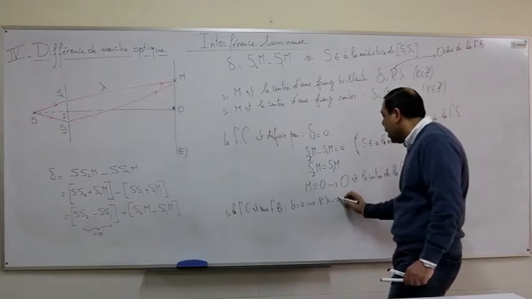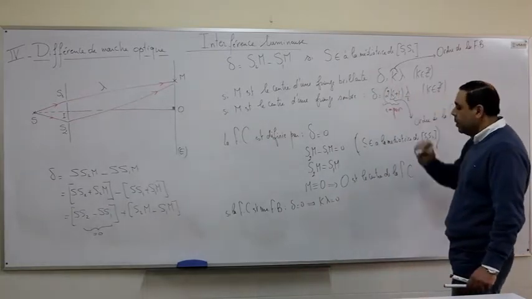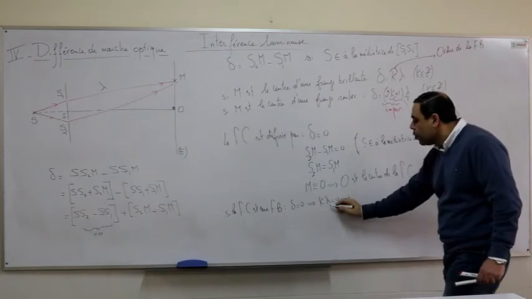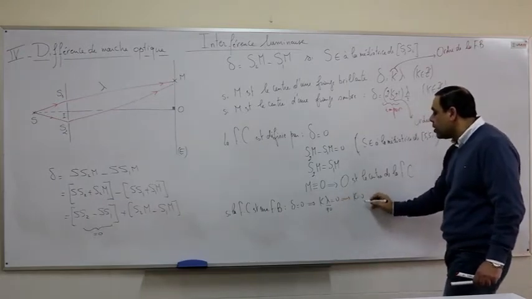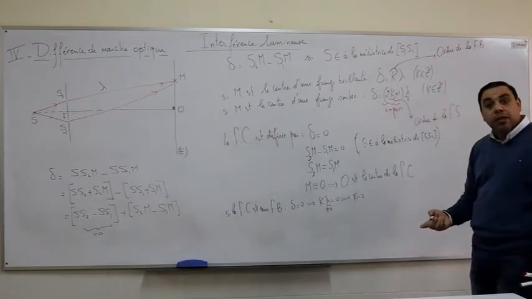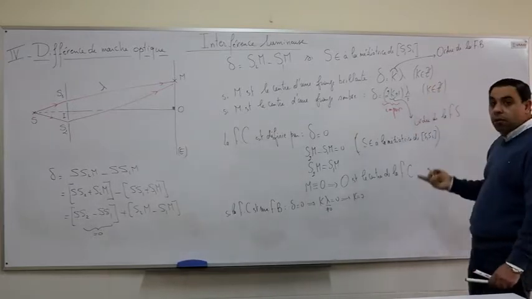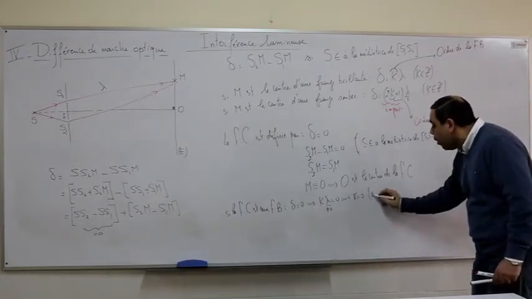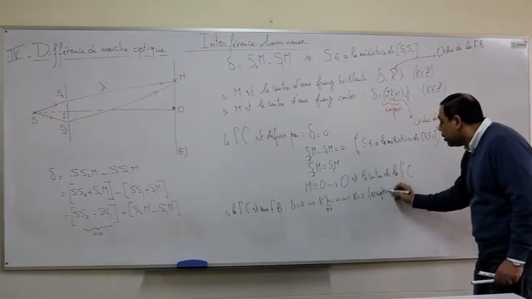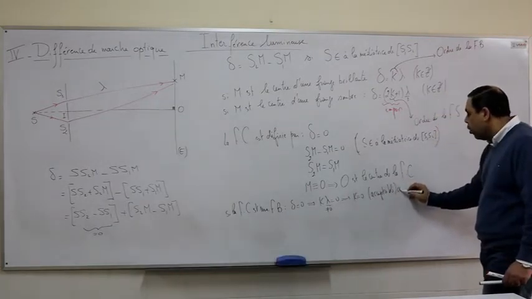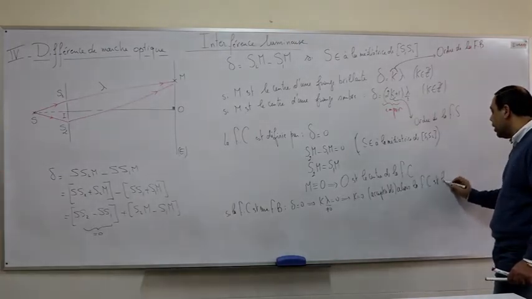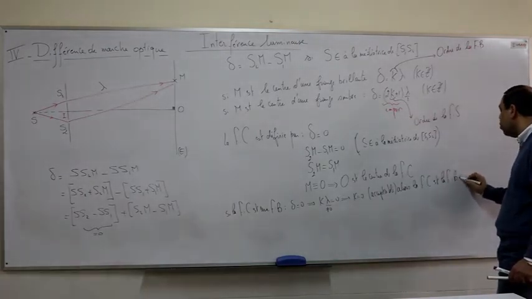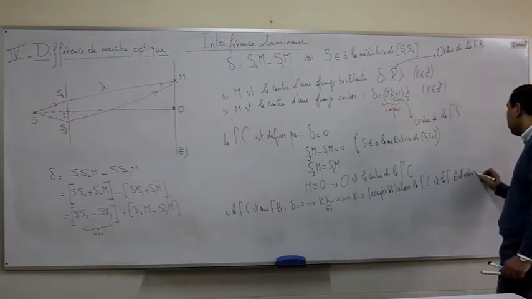This implies that k lambda equals 0. But lambda is different than 0. This implies that k equals 0, which is an integer. And this is an accepted value. Therefore, the central fringe is a bright fringe of order 0.